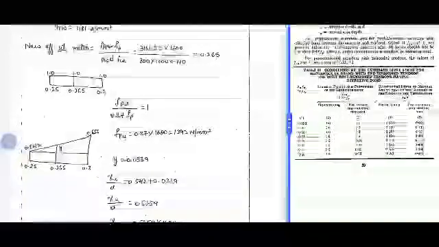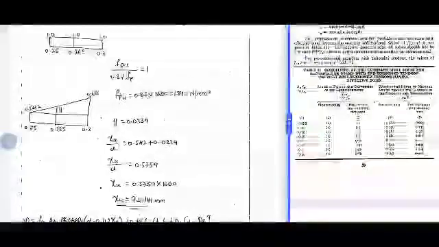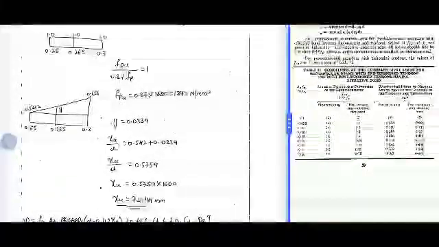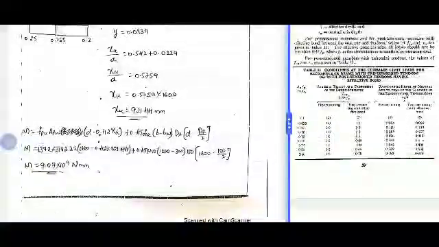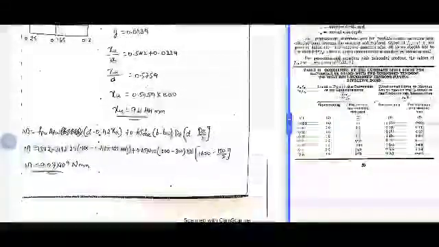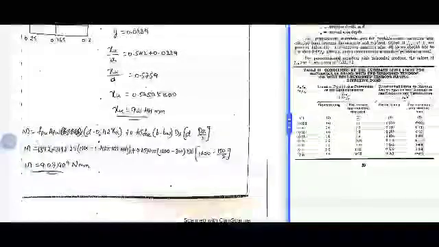On interpolating it for 0.265 we will get 0.5759, and simplifying we will get XU as 921.44 mm. Then substitute in the equation for moment of resistance, and simplifying we will get 9.07 into 10 power 9 Newton mm.